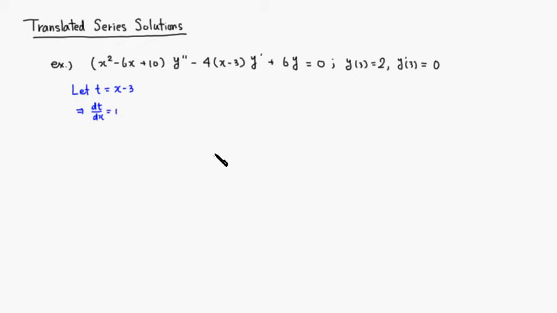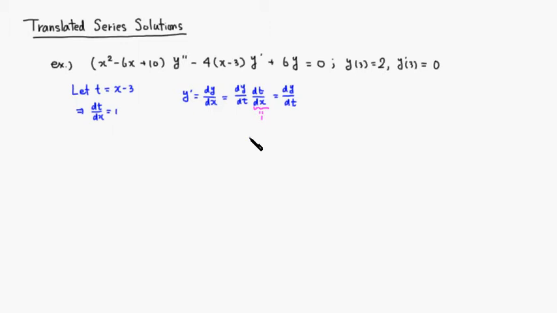Which means that if you look at the derivative y prime, which is dy over dx, that's the same thing as dy over dt times dt over dx. But we just said that dt over dx is equal to 1, so the derivative with respect to x is the same as the derivative with respect to t.